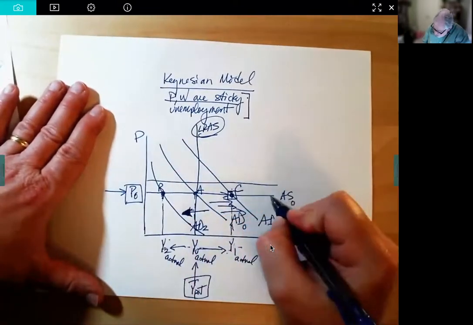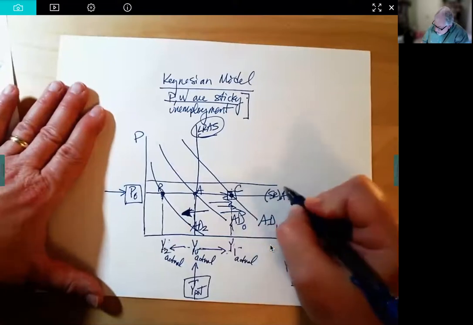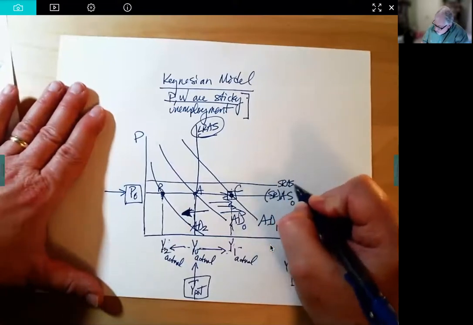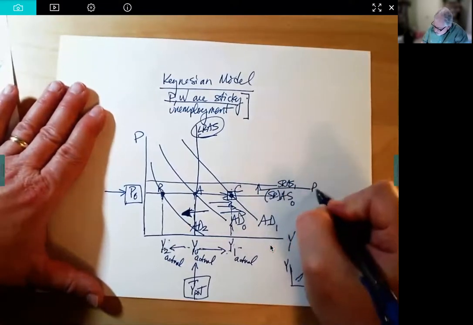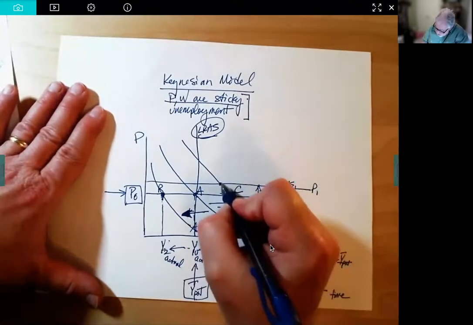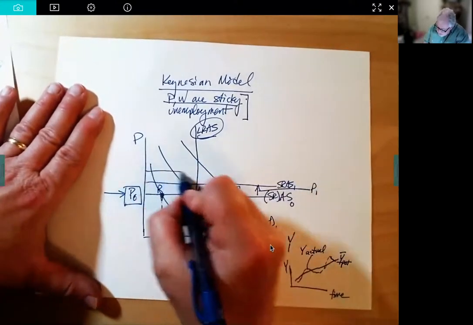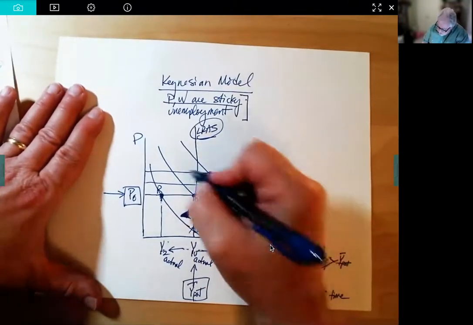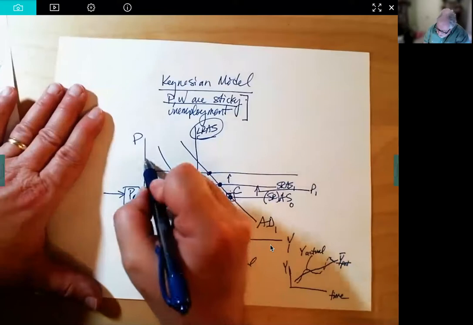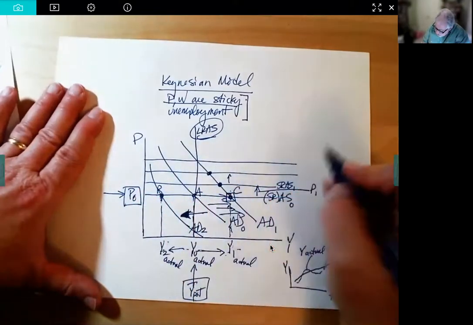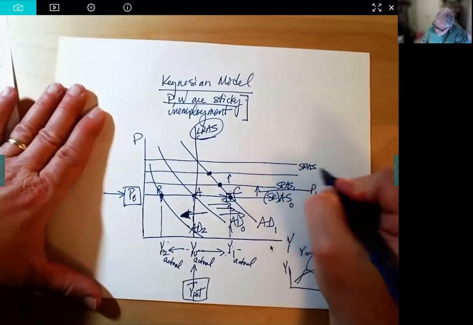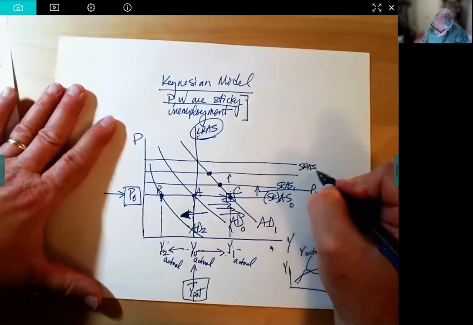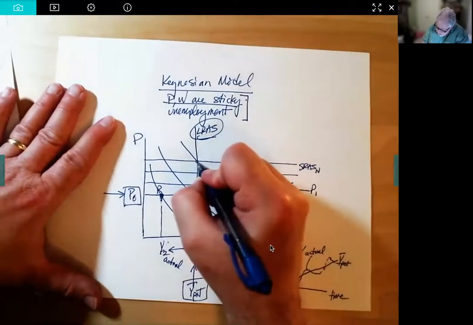This short run aggregate supply curve will start to increase as the price level goes up, and will move slowly. It will keep happening as long as we're beyond potential GDP until eventually that short run aggregate supply curve, I'll call it N, is right there.